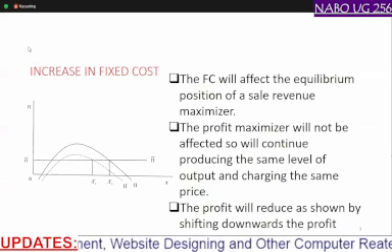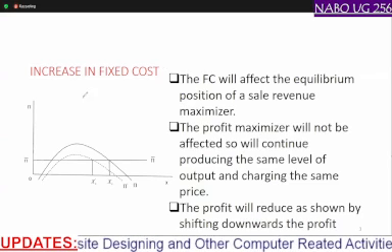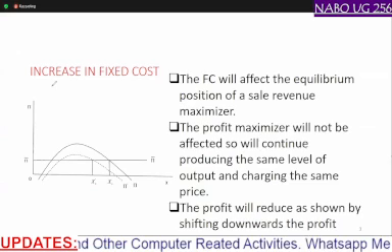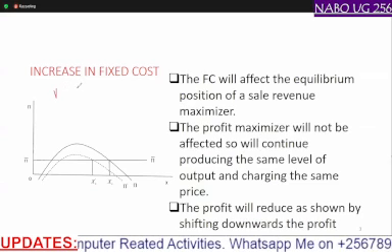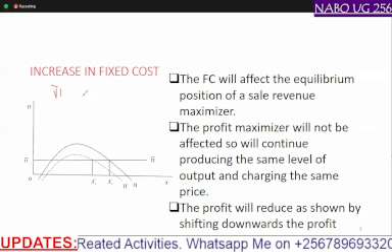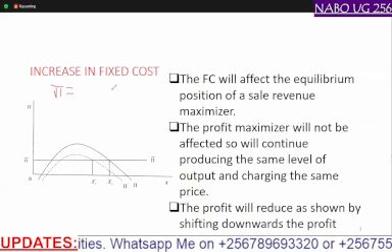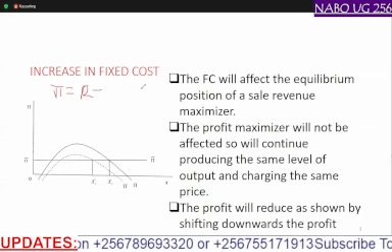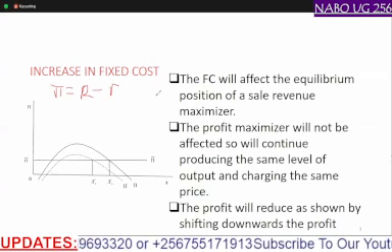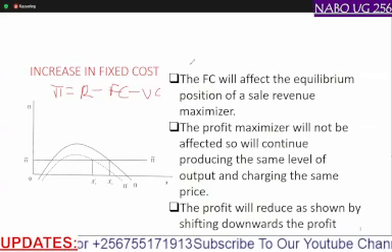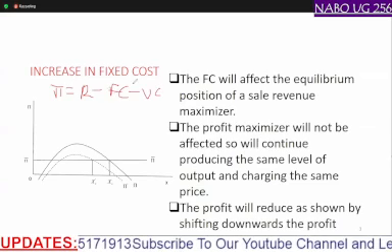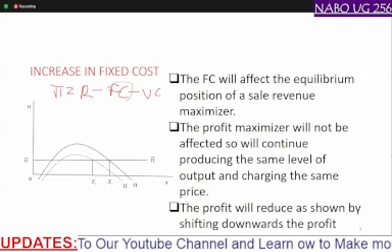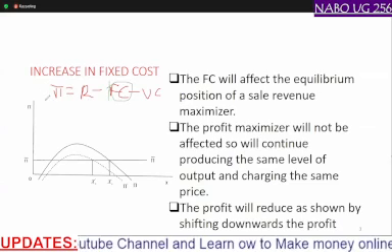Now, profit is the difference between total revenue and total cost, that is fixed cost and variable cost. But now this fixed cost has increased, so the profit is going to come down.